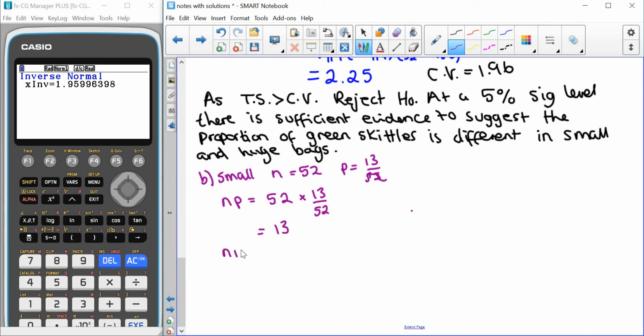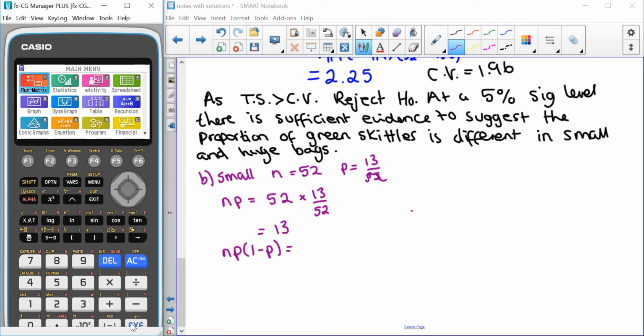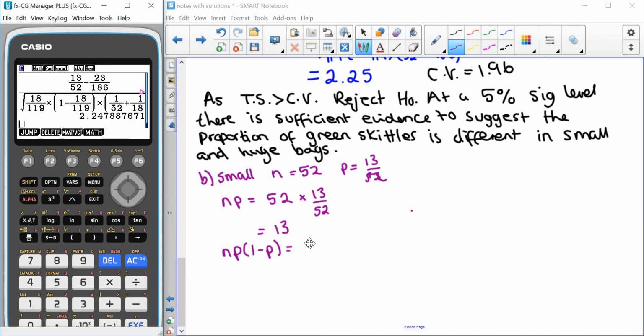And our np(1 minus p) would give us, I have to use my calculator for this, so that's doing 52 times 13 out of 52 times 1 minus, in a bracket, 13 out of 52.